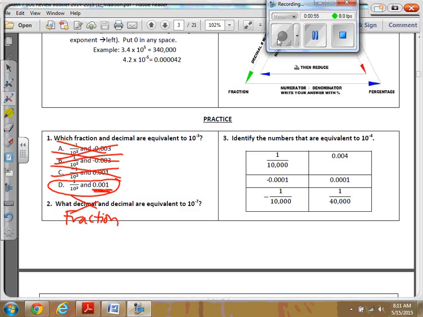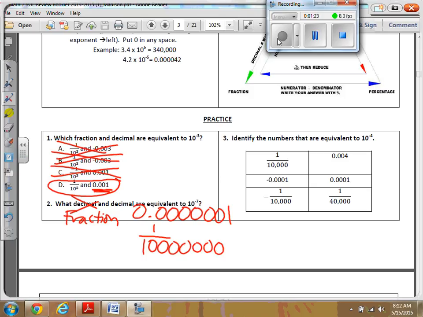All right, so what is it? So 1, 2, 3, 4, 5, 6 zeros, and then the 1 is in the 7th place, right? Or it's the 7th number after the decimal. So then when you have that as a fraction, I'm going to have 1 and then 7 zeros. So wait, 1, 2, 3, 4, 5, 6, 7.